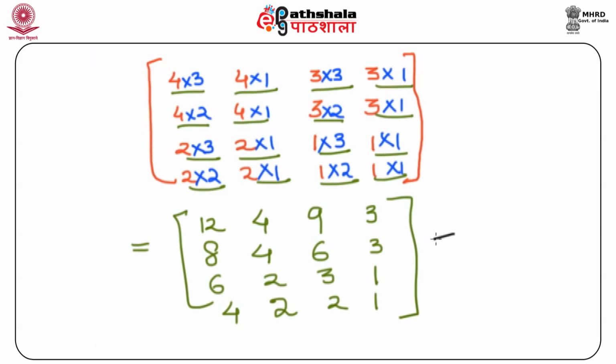So what you can see is this is the direct product between the matrices A and B that we had taken, which were 2 by 2 matrices each, and the product is a 4 by 4 matrix.